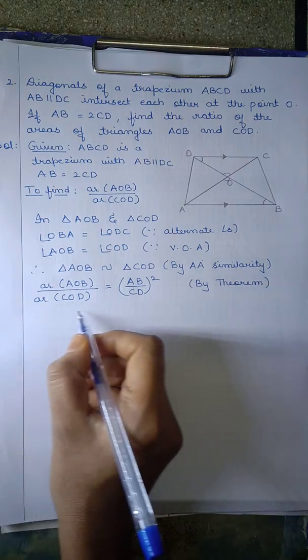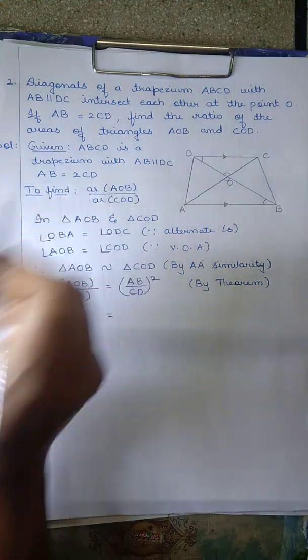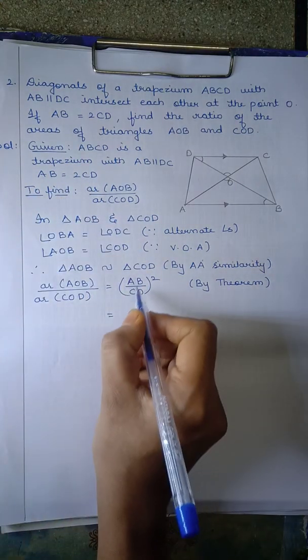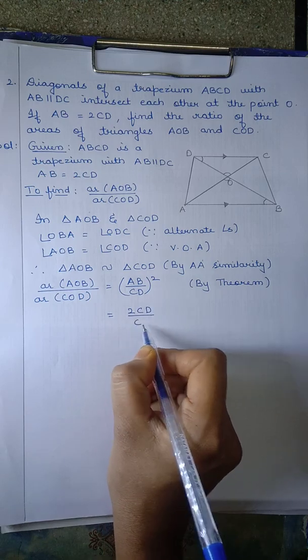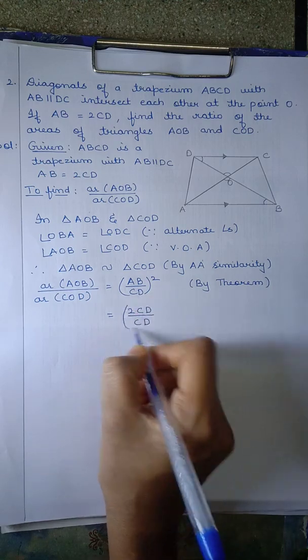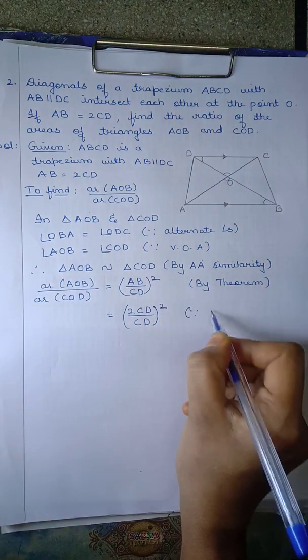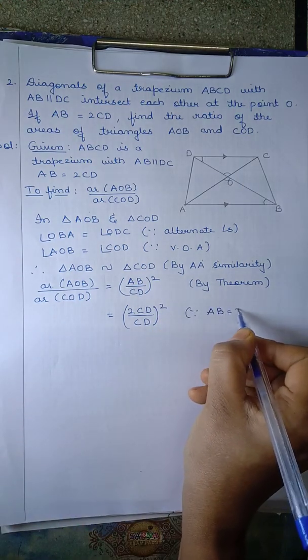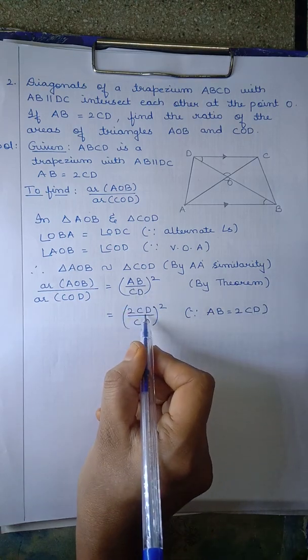Okay, now write AB upon CD. Now they have given AB is equal to twice of CD. So in place of AB I can write twice of CD. Okay, children, and the denominator is CD itself. Okay, write here the reason, because AB is equal to twice of CD, therefore I have substituted CD in place of AB.